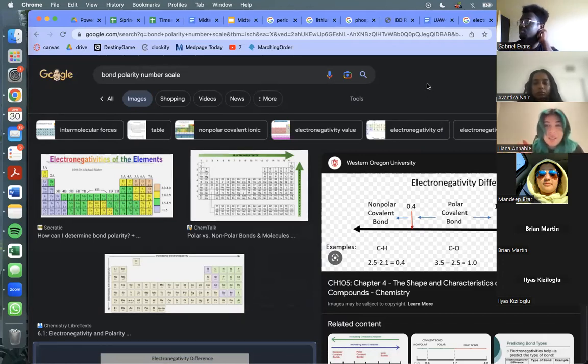In this case, it landed on 0.4, but I know for a fact that the C to H bond is nonpolar. So if it's on the cusp, think of it as the smaller one. I see. Okay, thanks. Rule of thumb, I'm just saying. I hope she doesn't give one right on the line, because what are you supposed to do?